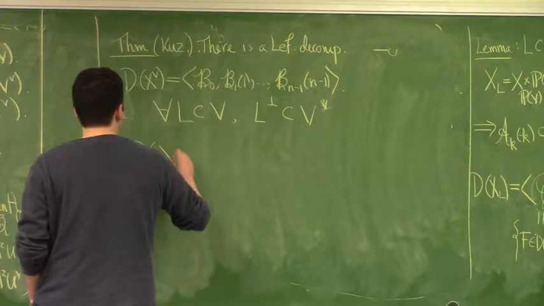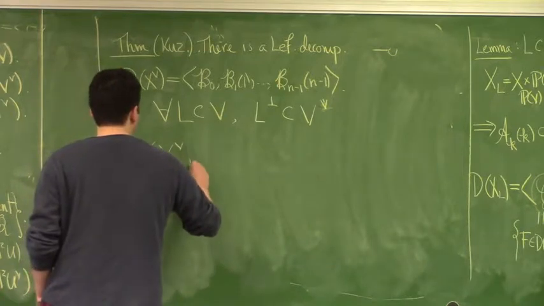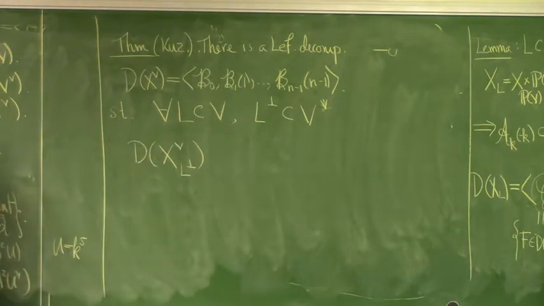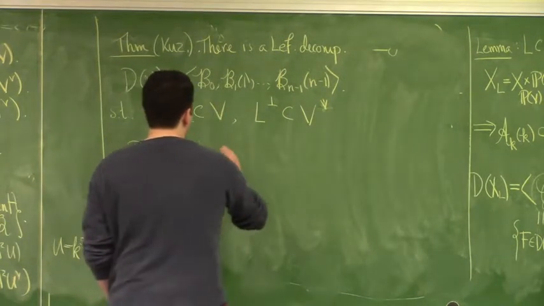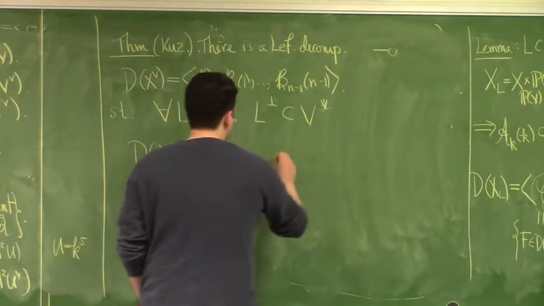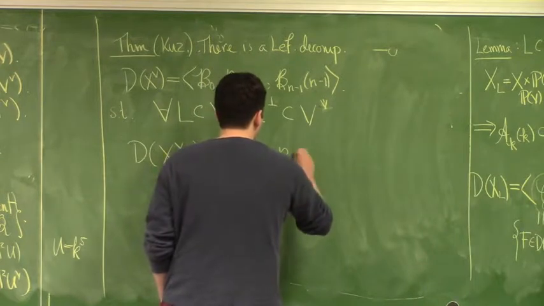First of all, I can look at the corresponding linear section of this dual variety X check. And this thing has a decomposition that looks as follows.